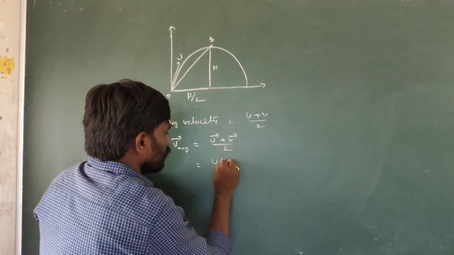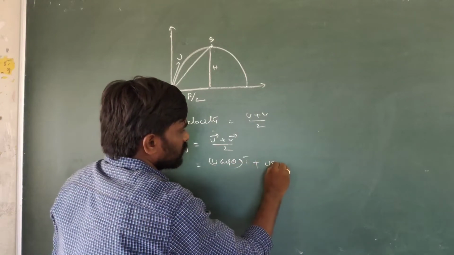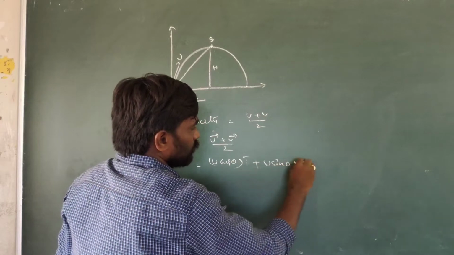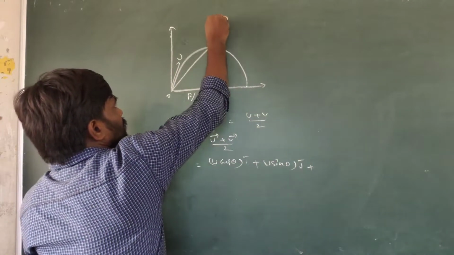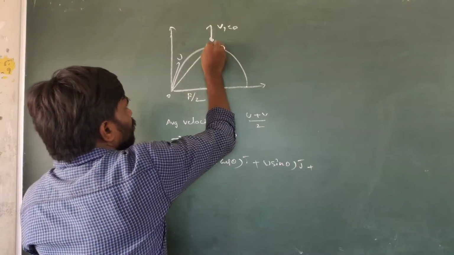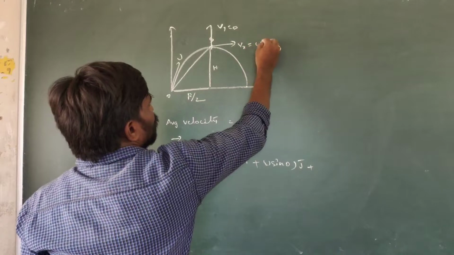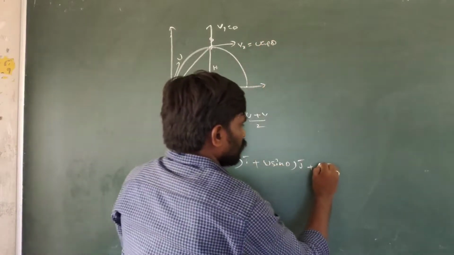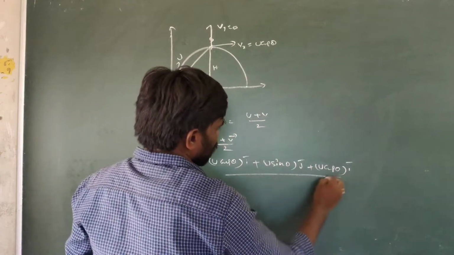So u bar is u cos theta into i bar plus u sin theta into j bar, plus, after reaching the maximum height, the vertical velocity vy equals 0. Then only the horizontal velocity is there, that is vx is equal to u cos theta only, u cos theta into i bar, all by 2.